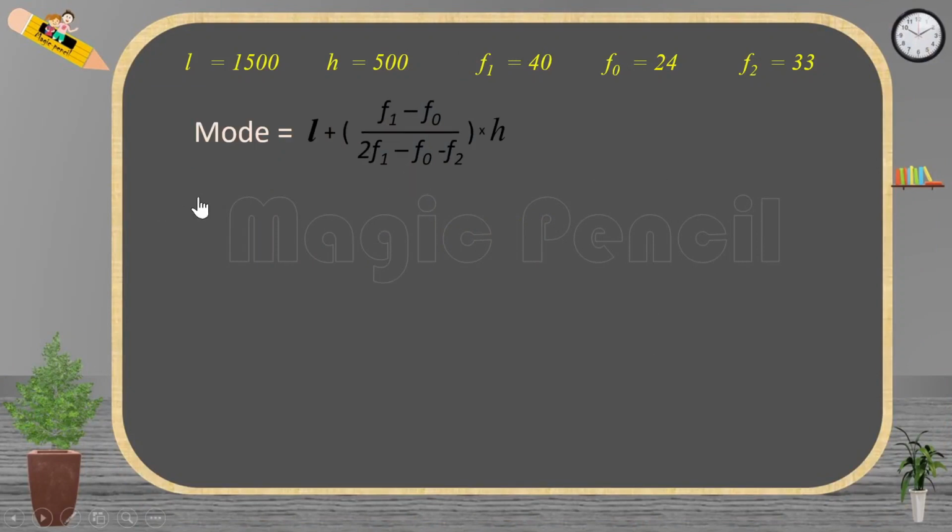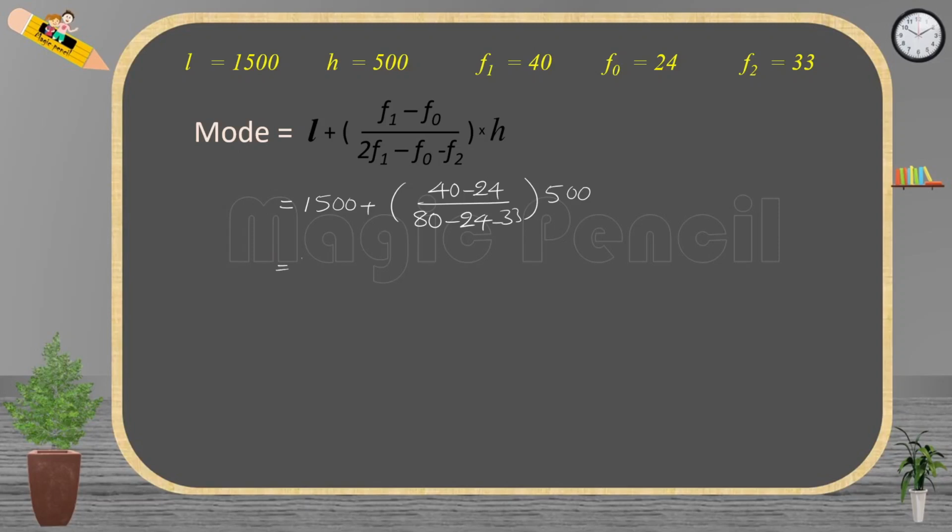So these values we are now going to substitute in the formula so that we can calculate mode. Let us substitute and simplify. L value we have 1500 plus F1 is 40 minus F0 is 24, by 2F1, means 2 into 40 will give us 80, minus F0 24 and minus F2 33, close the bracket, and into height of the class, that is 500.